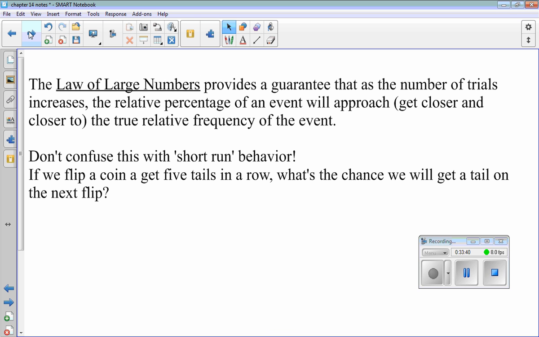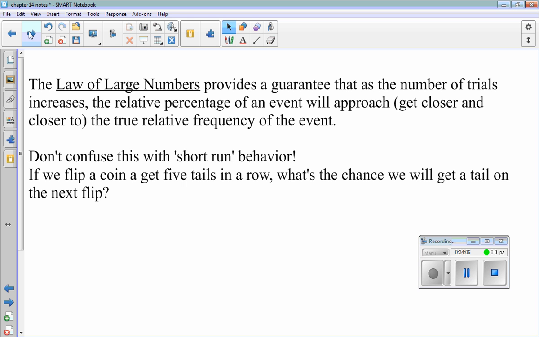So this brings us to the idea of the law of large numbers. A couple of the questions you did for homework, I think the first few questions dealt with the law of large numbers, didn't it? It just provides a guarantee that as the number of trials increases, the actual probability gets closer and closer and closer to the real probability that's going to happen.